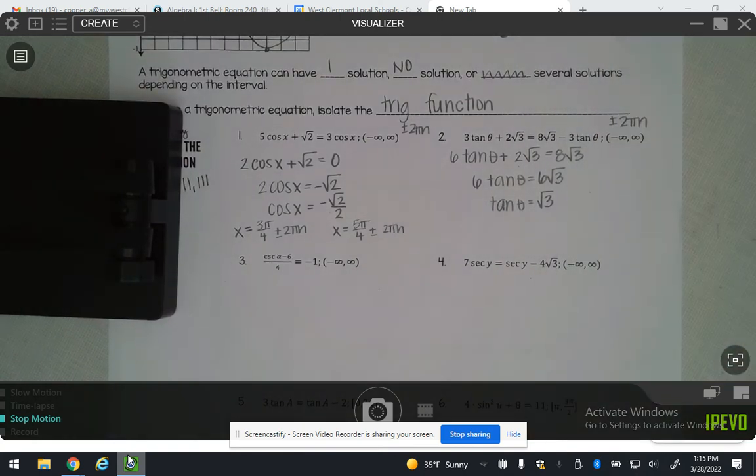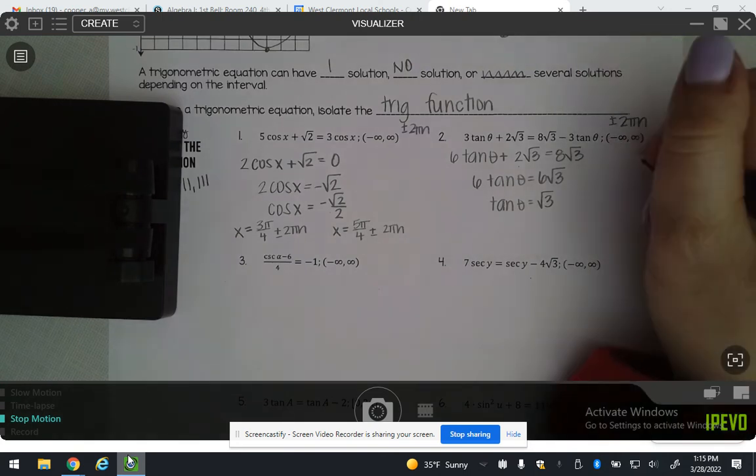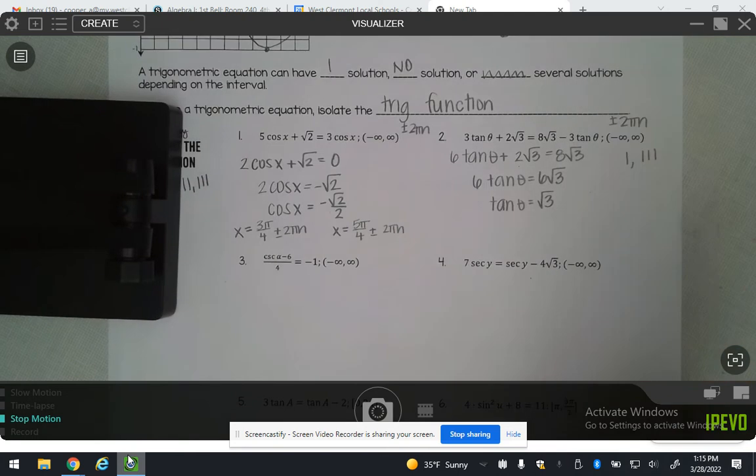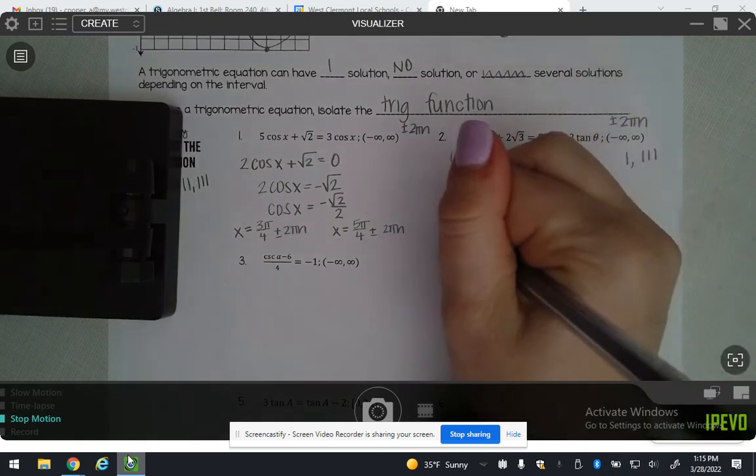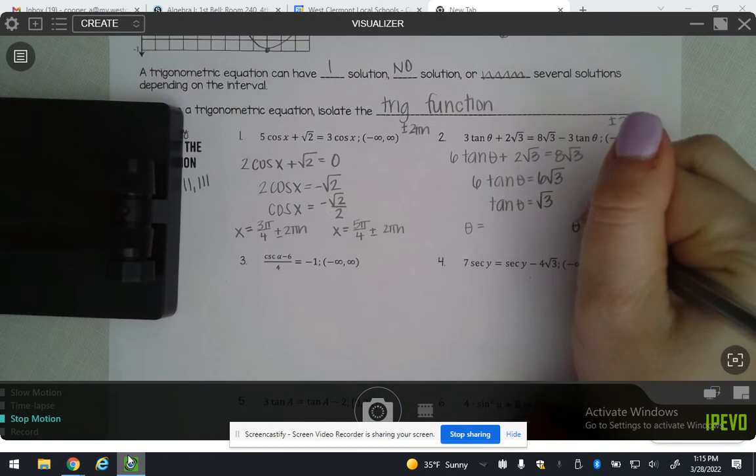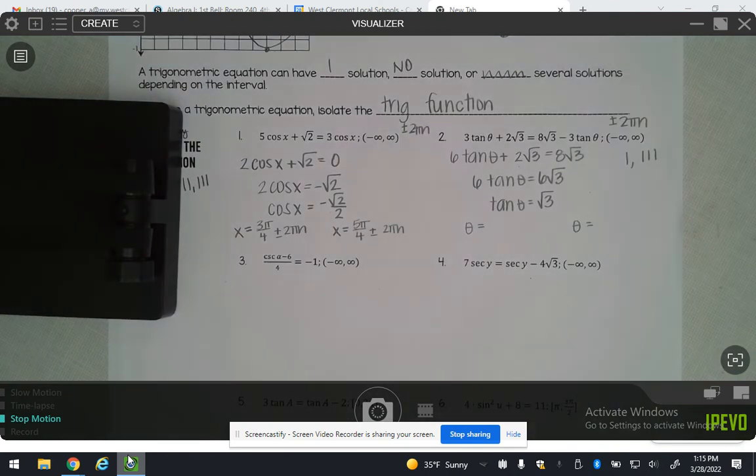Is tangent positive or is it negative? Positive. What 2 quadrants is tangent positive in? 1 and 3. All students take calculus. We got to know that. All students take calculus. This brings everything together. 2 angles. This is your unit circle.